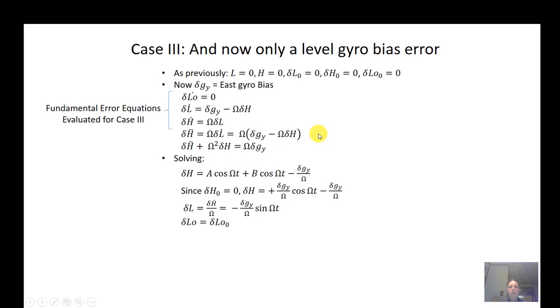And although we explicitly went through all the equations in detail previously, it's very similar to the previous case. And we get solutions that are shown here. In this case, the heading error has a bias equal to minus the gyro bias divided by the angular rate of the Earth. Note that all quantities, again, are in radians.